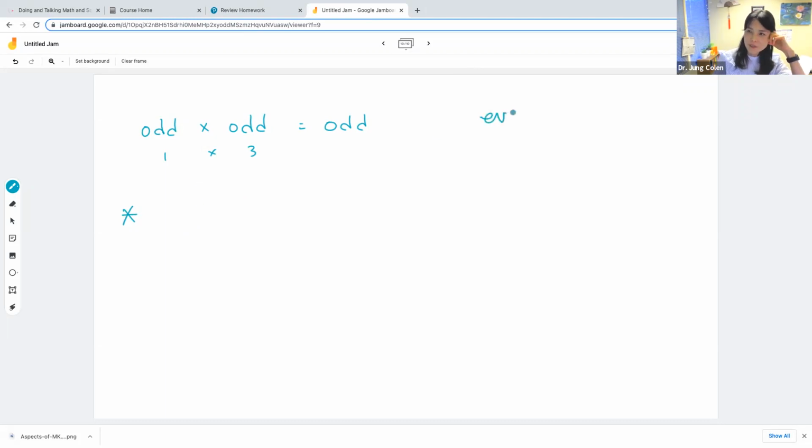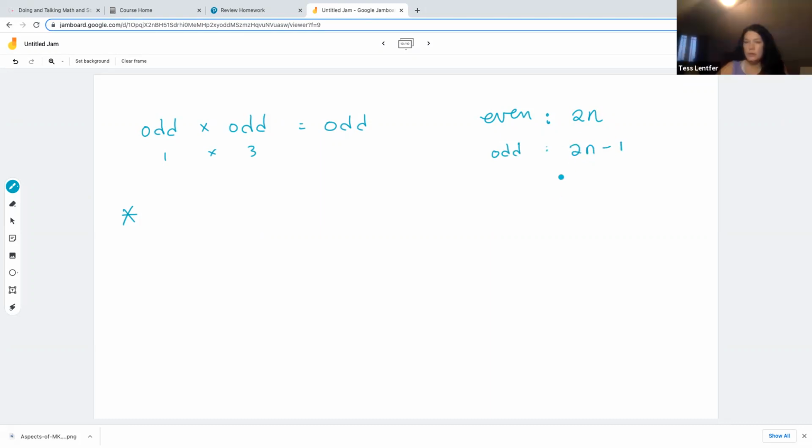So even number means it's pairing up, right? So it's always divisible by 2, or it's multiples of 2. Even numbers are multiples of 2. Then what's an odd number? It's always one more than an even number or one less than an even number, right? So you can define it either way.